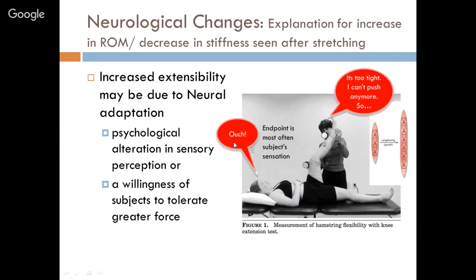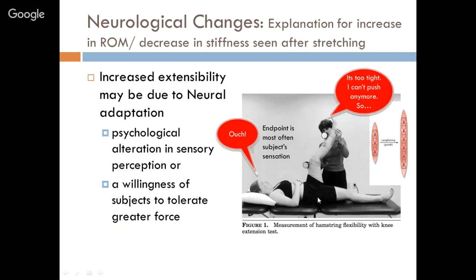In this picture, I've given a common muscle that we stretch clinically, the hamstring. When we are stretching this muscle, the point at which we stop often depends upon when the patient says no, it's painful, I can't move beyond that, or as clinicians we ourselves feel the tightness beyond which it cannot be done.